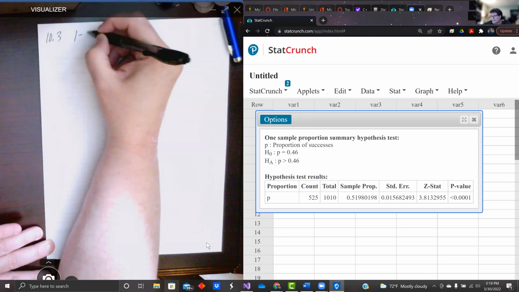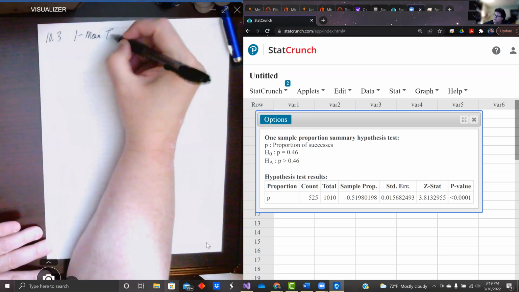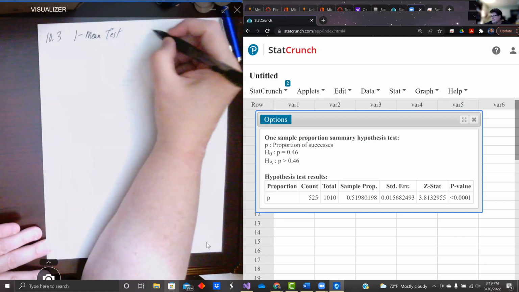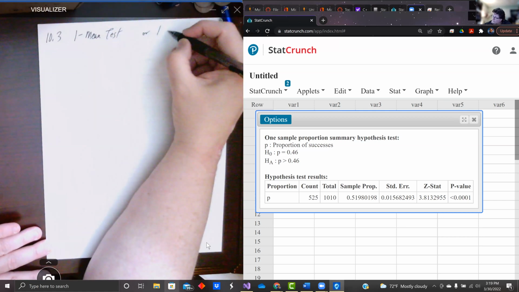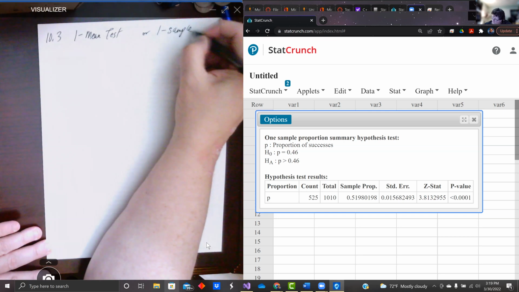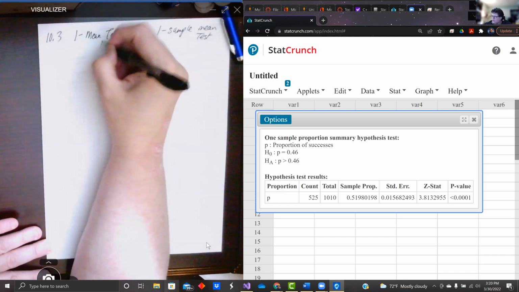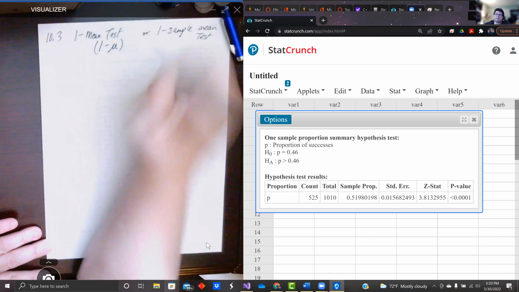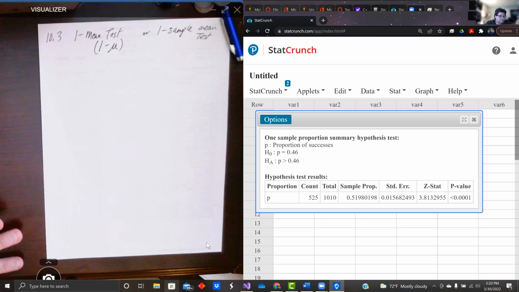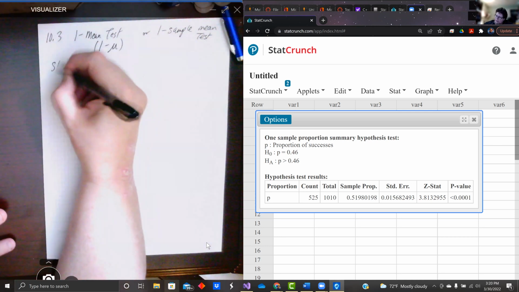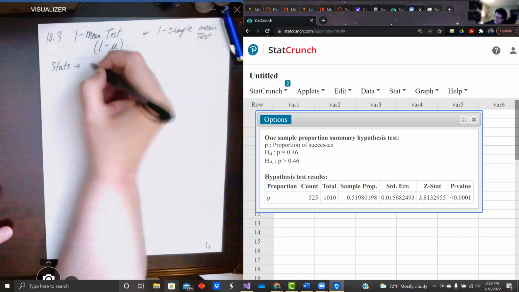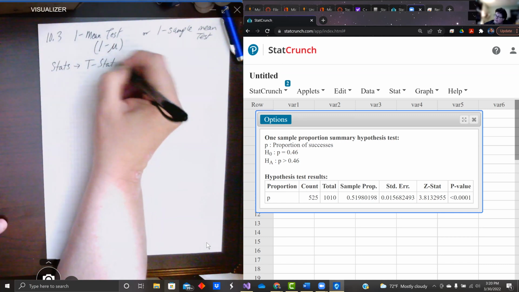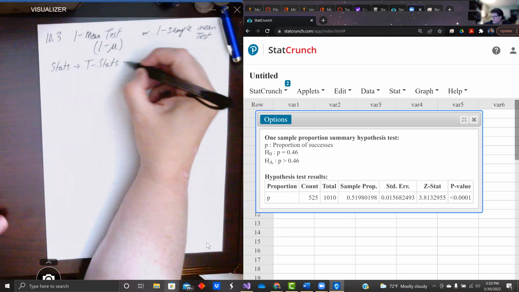It's a one mean test, or one sample mean test. And I'll usually write one mu. So here we're talking about mean, and under mean, the way we did that was stats and then t-stats. Since it's one mean, it's going to be one sample.